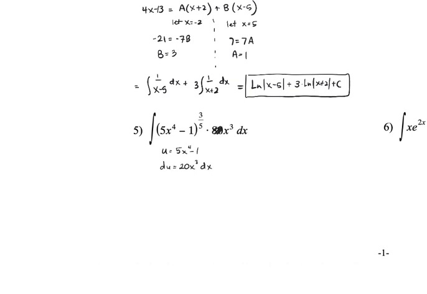So again, we can move the 80, multiply by a 20, and divide by a 20. So this turns into 4 times the integral of u to the 3/5, and then the 20x to the 3rd dx is going to get replaced with du.